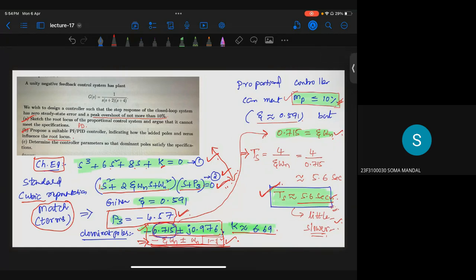It means your system is meeting the overshoot requirement, but taking longer time. So that's what it means. Is this clear? Any doubts?